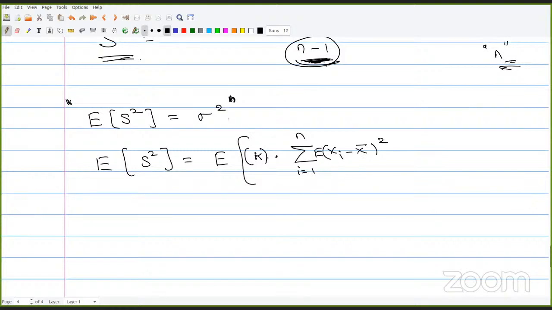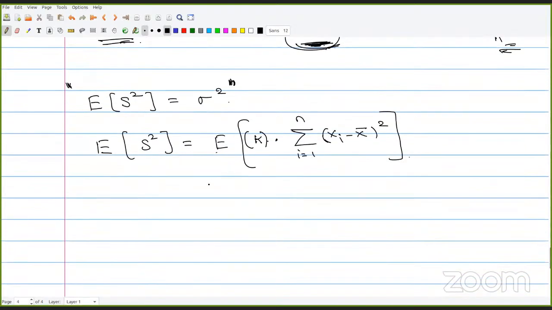I have already written expected value outside. Correct? Yes, sir. So k can come outside. Then the expected value of, just expand this, summation over i equals 1 to n of xi square minus 2 xi x bar plus x bar square. Right.